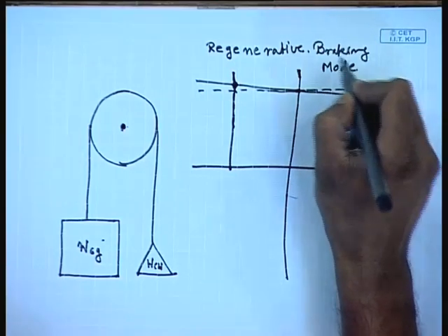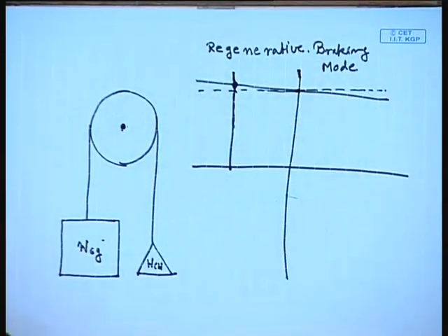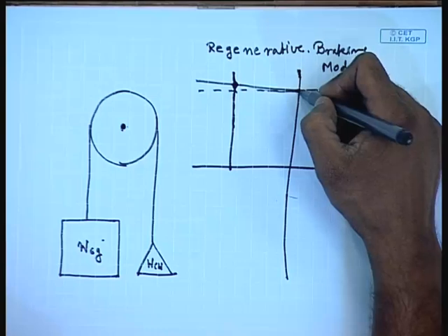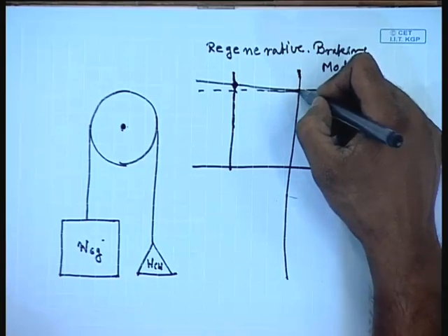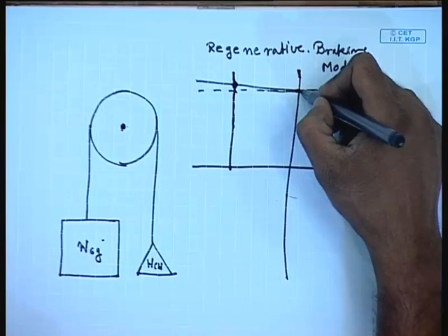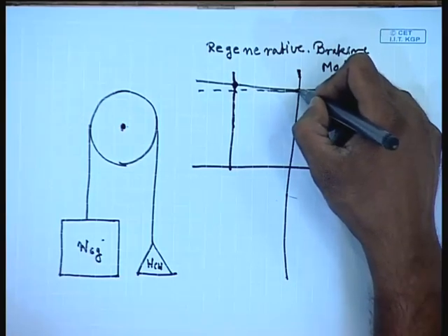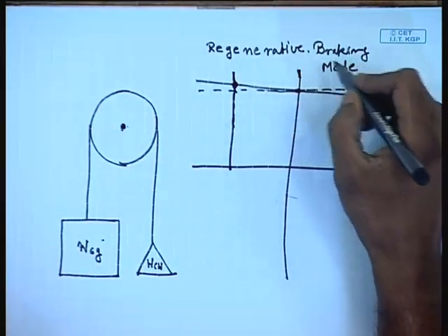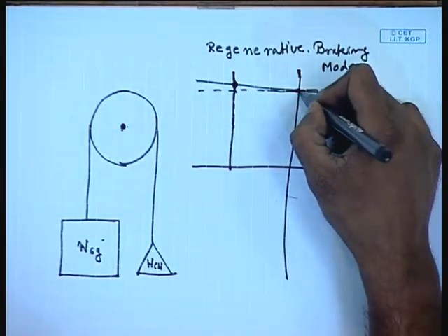It should be noted that in the regenerative mode of braking, the motor will normally run at a speed higher than the rated no load speed. Hence, it is not possible for the regenerative braking mode of operation to bring the motor to a standstill.